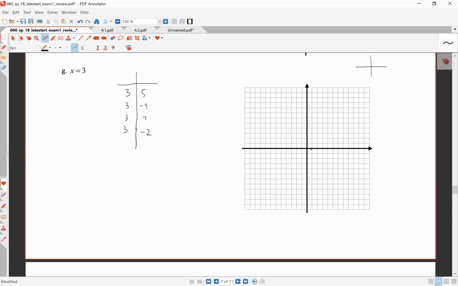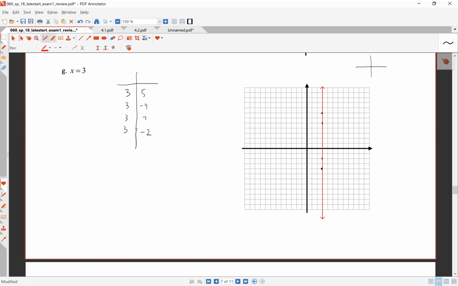So if the x's are always 3, 3, 5, 3, -4, 3, 7, 3, -2, then when I connect those dots, I get that vertical line.